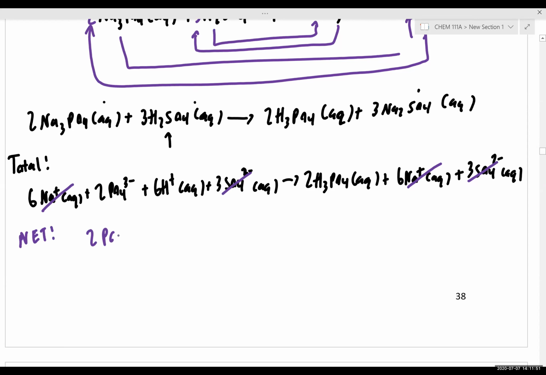So that gives us 2 phosphate plus 6H plus leads to 2 phosphoric acid aqueous. And my question to all of you is, can we simplify this equation? Is there a simpler way to write this equation?